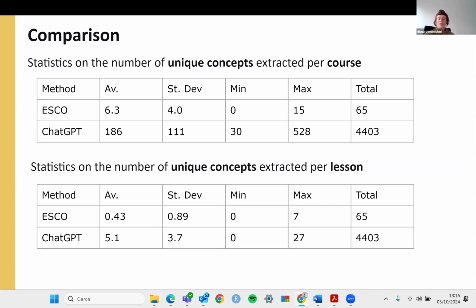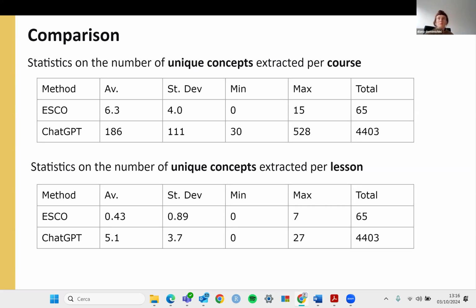One explanation is that the concepts we extracted with the Gazzetta of ESCO have the same level of detail, a consistency in granularity, and probably the level of detail of the Gazzetta of ESCO is not the same as the one specified by the prompt in the ChatGPT example.